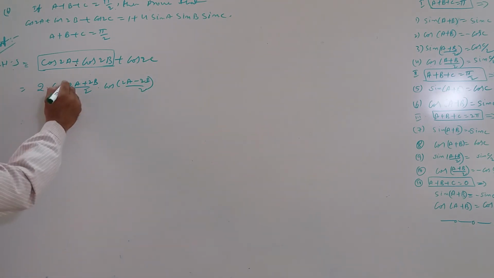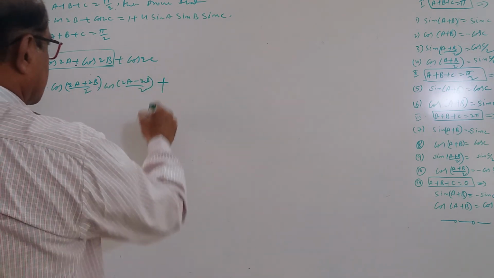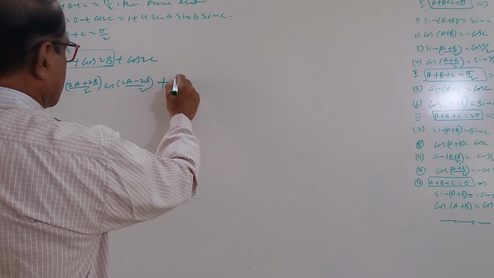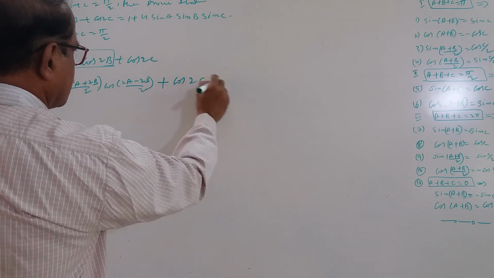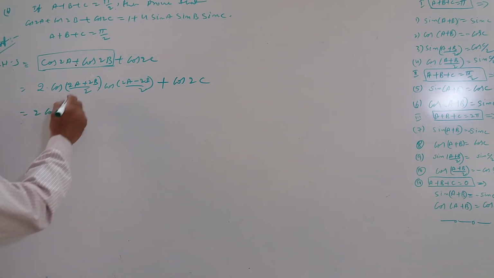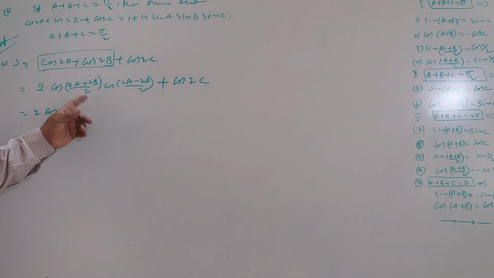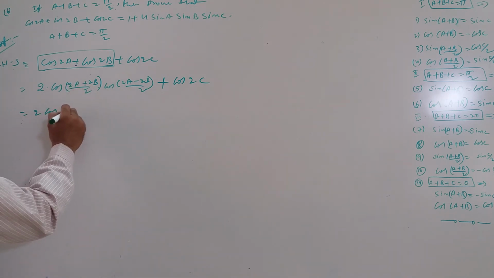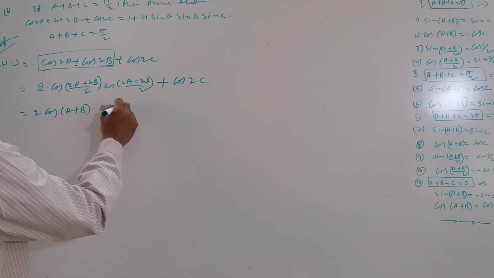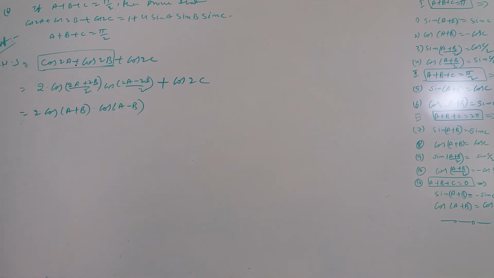Let cos 2c remain. If we simplify this by dividing with 2, this can be written as 2 cos of a plus b into cos of a minus b. Now we have to look at what we have to do about cos 2c.